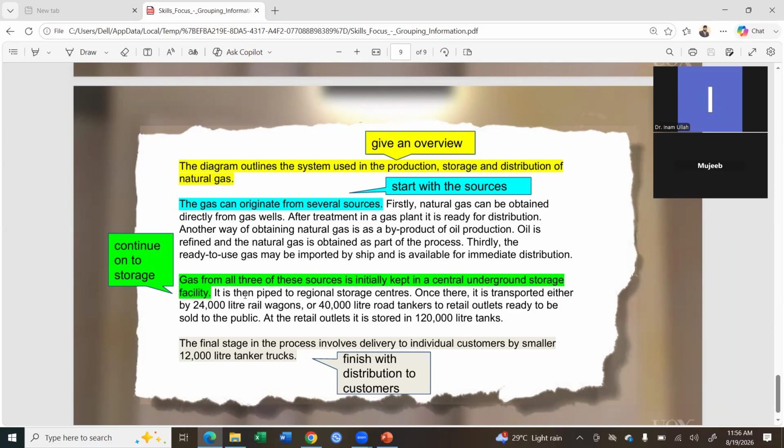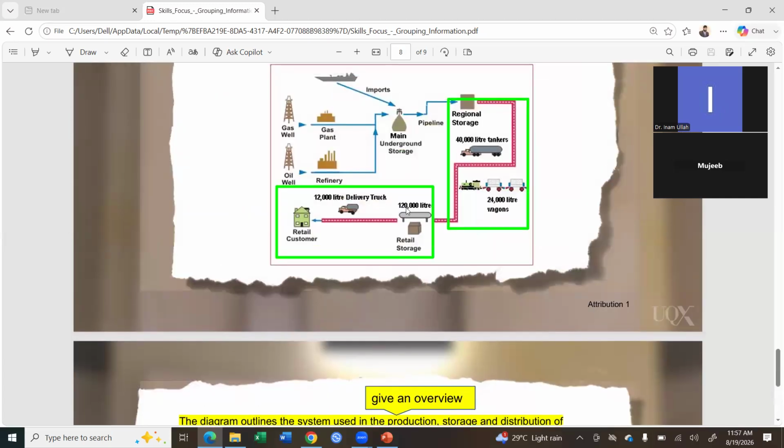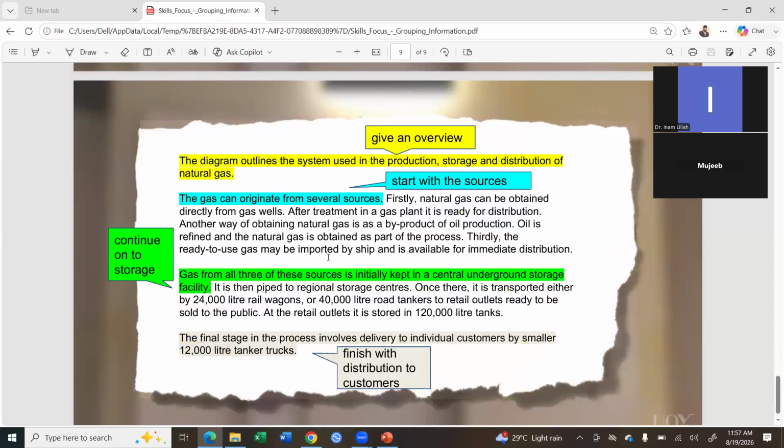Once there, it is transported either by 24,000 liter rail wagon or 40,000 liter road tanker to retail outlets ready to be sold to the public. At the retail outlets, it is stored in 120,000 liter tanks. Yes. So this was here. It was the retail storage, 120,000 liters, right?